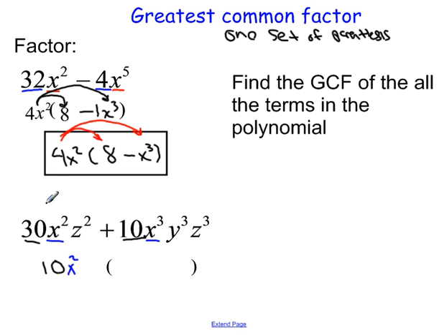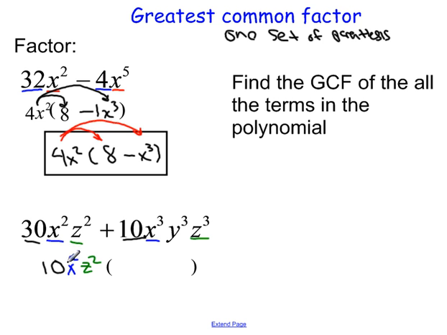Now notice something. This term, 30x squared z squared, does not have a y to the 3rd. So you will not factor out y to the 3rd. So what's the greatest common factor of z squared and z to the 3rd? That's z squared.